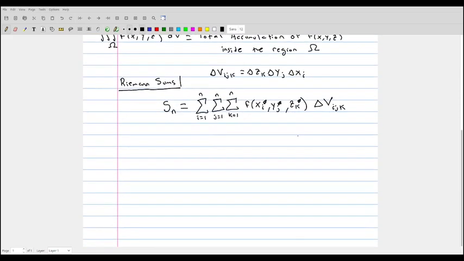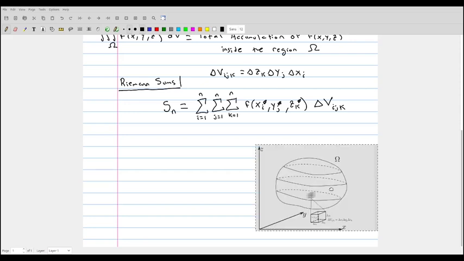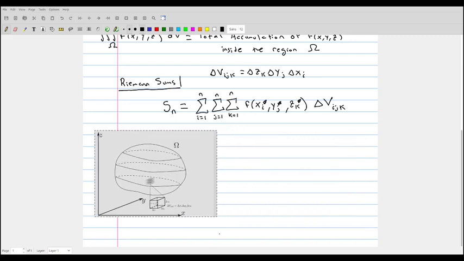Nice visualization of this. Again, I don't want to draw out multiple cubes in the drawing above because it'll take a little bit too long. But I made up this nice little visualization right here to help you see how this works.